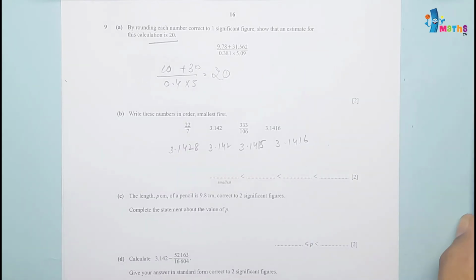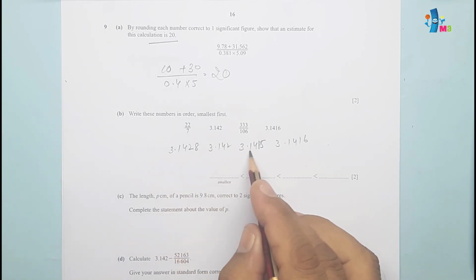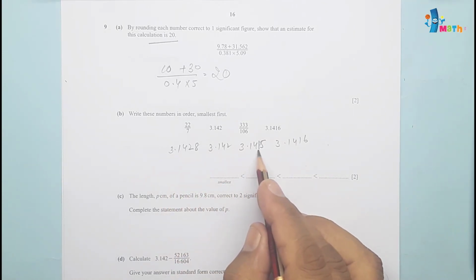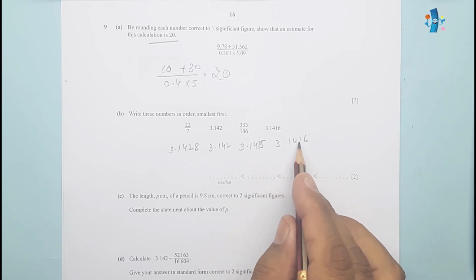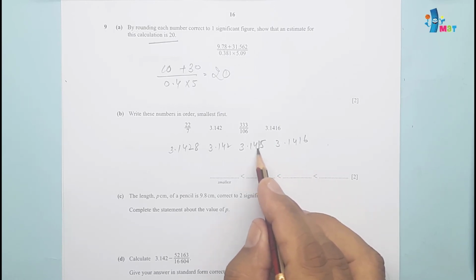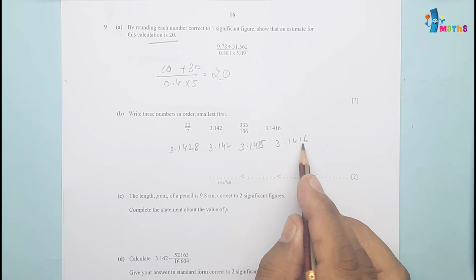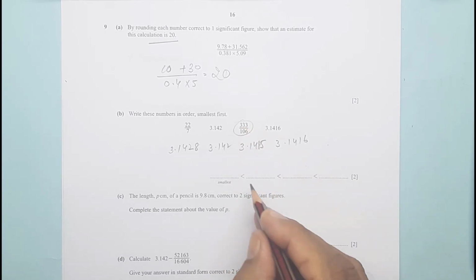Now we can check which one is the smallest. If we check, this is 3.141. Everything is 141. If we compare these two, this is 1415 and this is 1416, so this is the smallest one.